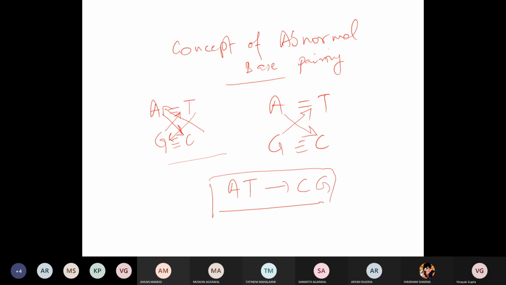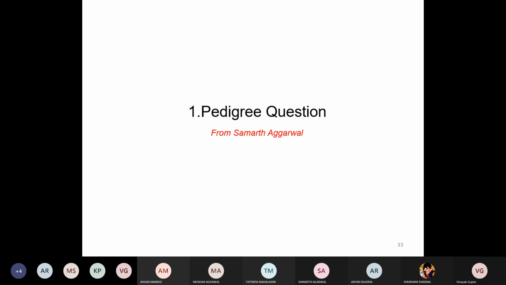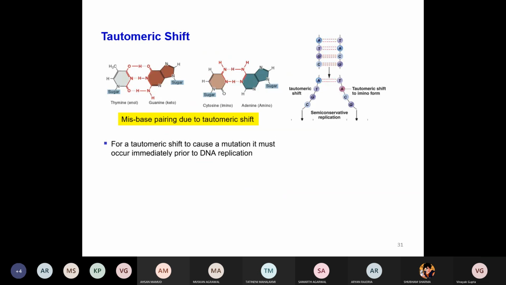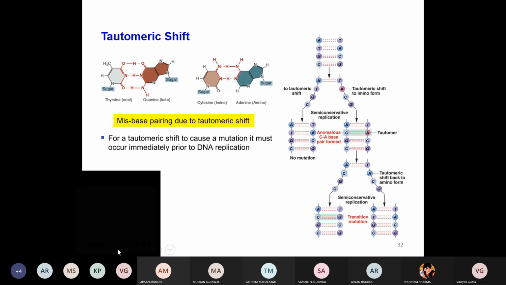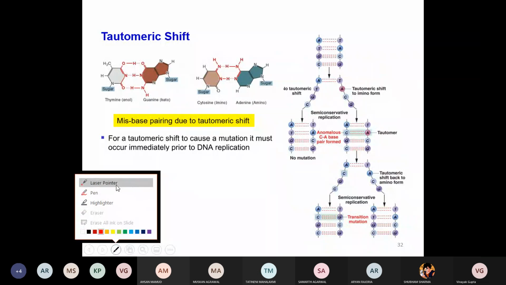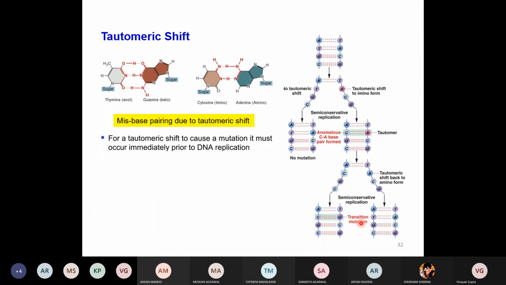Yesterday also you have seen this during the tautomeric form, tautomerism. If you go to the slide, see here, A was converted into its tautomeric form. And ultimately you can see the outcome. Following the DNA replication, this is the tautomeric, transition mutation, CG.